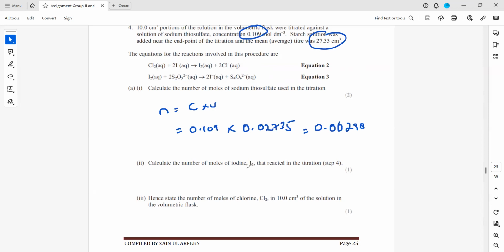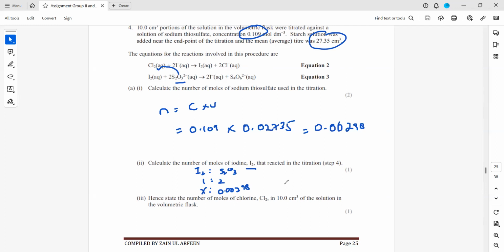Now, how to get the moles of iodine? Use a ratio. What is the ratio between iodine and thiosulfate? According to equation, 1:2. So if we have 0.00298, how many moles will be there?